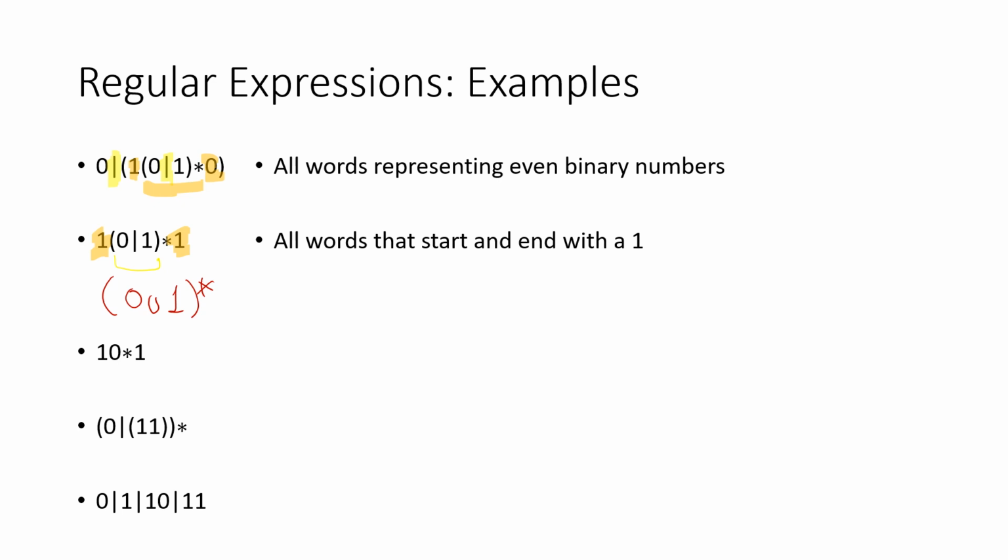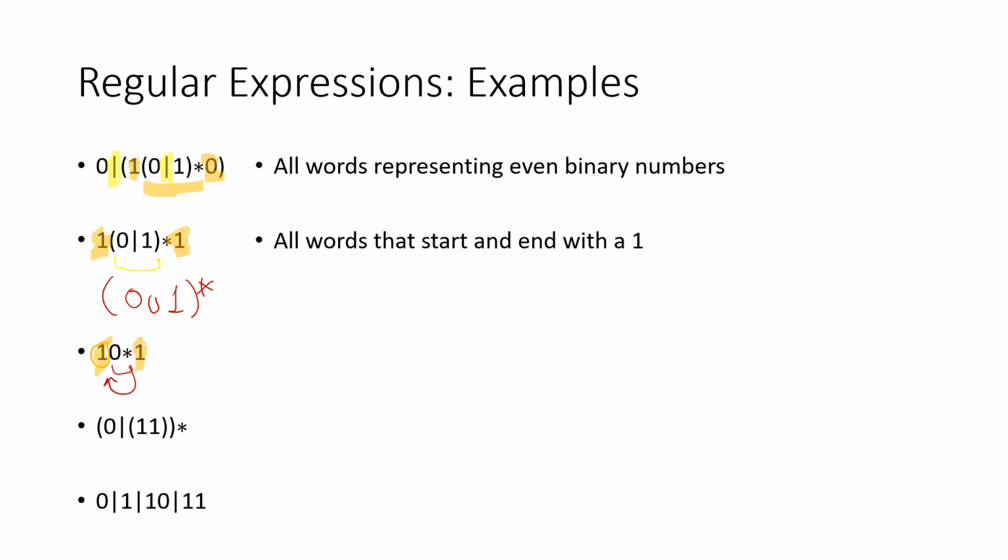In the next example, I again have 1 at the beginning and the end. But this time, in the center, I don't have (0 or 1) star, I have 0 star. And star is going to bind to the thing to its left.